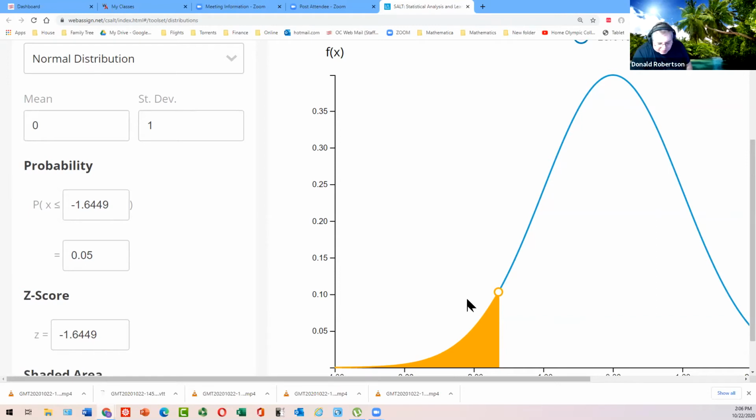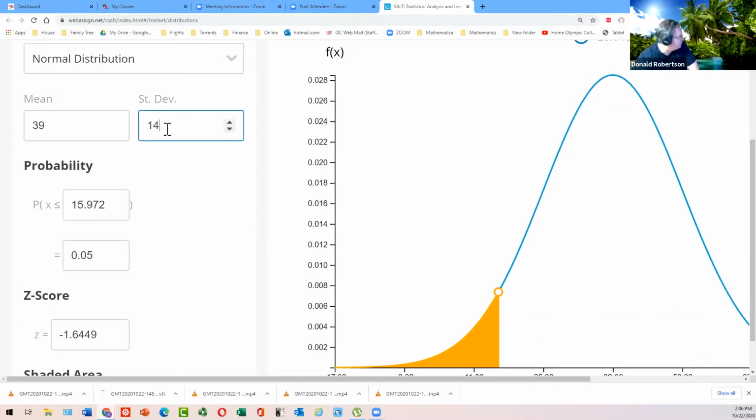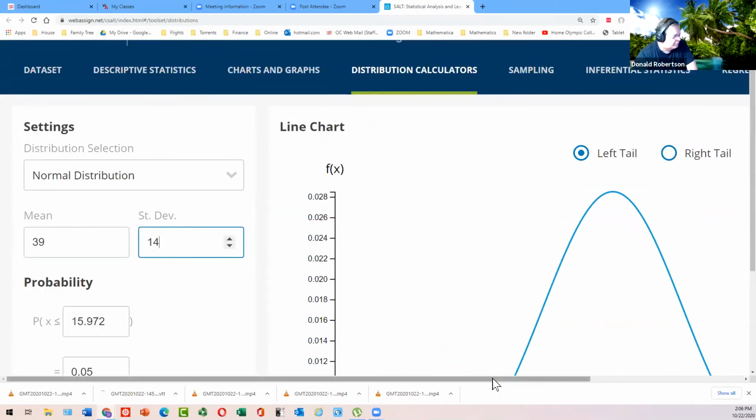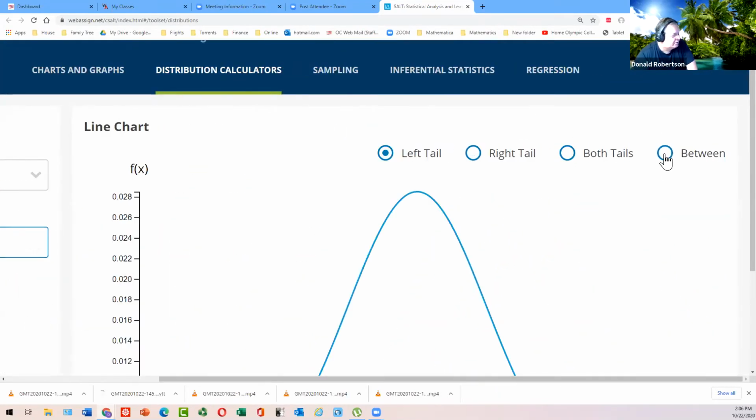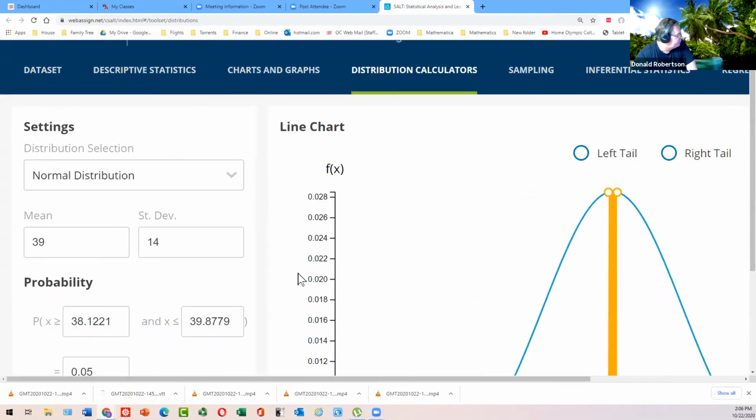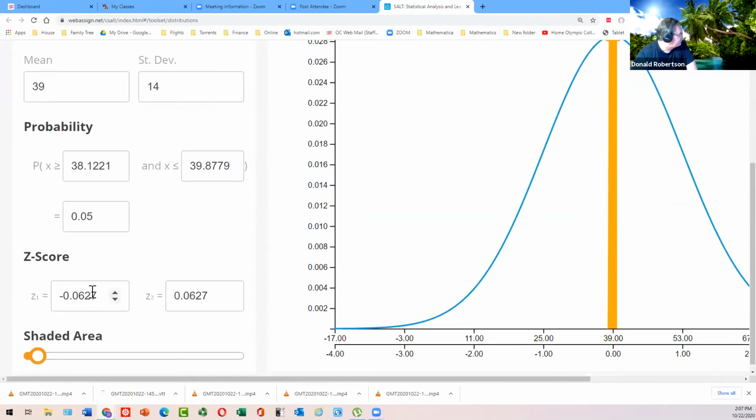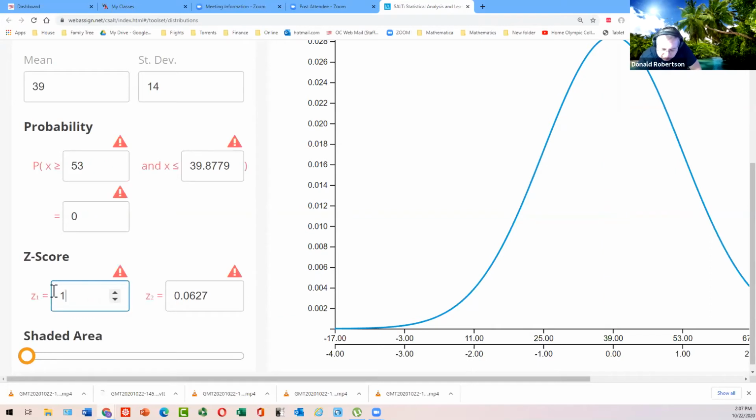Okay, the mean is 39. And the standard deviation is 14. And we want a between. So a between is over here. And I want a between 16 and 60. So 16 at one side and 60 at the other.